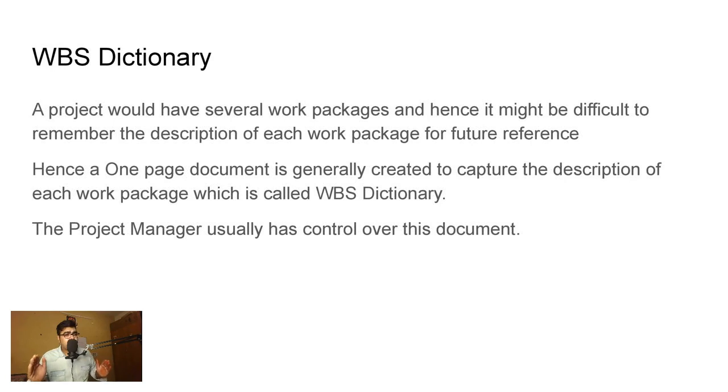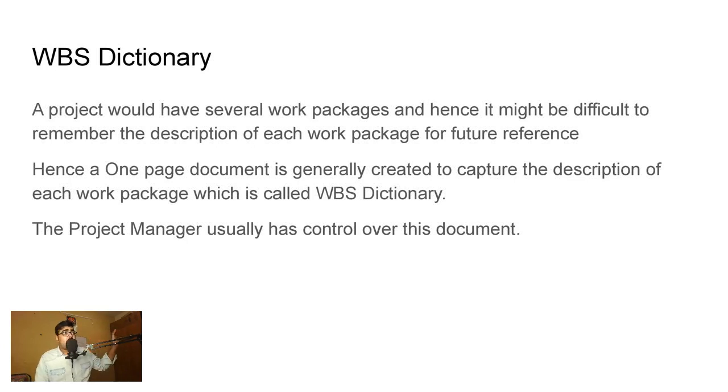So important points to remember here for WBS, just to summarize, is that WBS is nothing but work breakdown structure, which is part of project scope management. Few terminologies that you have to remember here are WBS dictionary, work packages, decomposition of WBS, and naming convention of WBS.